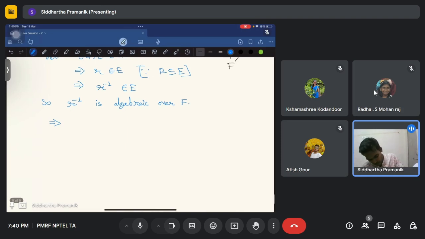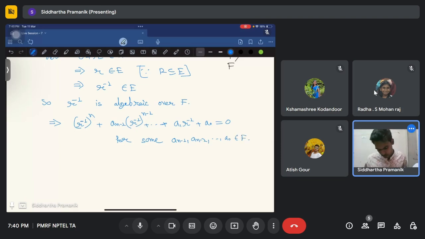So that means r inverse power n plus a_{n-1} r inverse power n minus 1 plus dot dot dot plus a_1 r inverse plus a_0 equals 0 for some a_{n-1}, a_{n-2}, up to a_0 in F. Right, up to this I think it's clear.